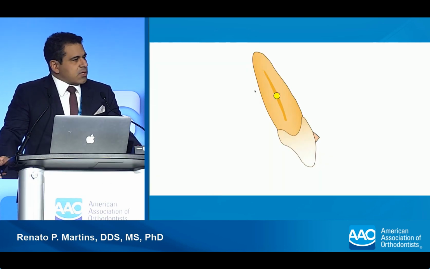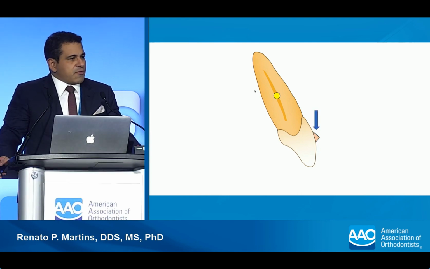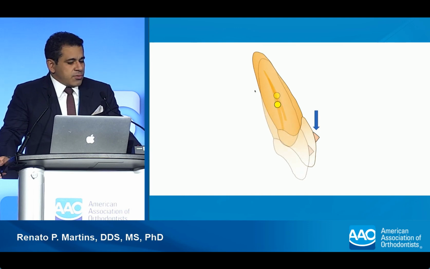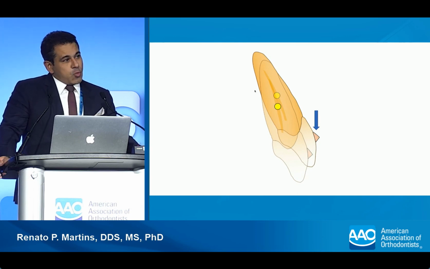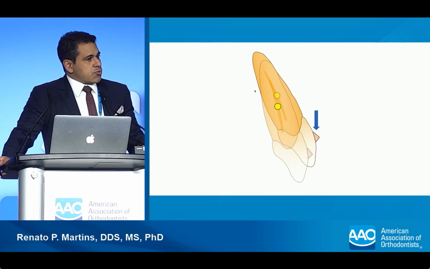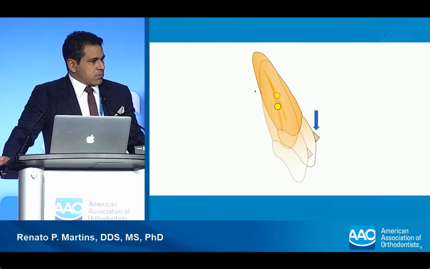So for example, if you're going to try to extrude a central incisor, the force being away from the center of resistance is going to extrude that tooth and it's going to rotate it around the center of resistance. So in this case, it's going to tip that tooth lingually. If you want a lingual tip and if you want extrusion, we are talking about a synergic movement. Both are in the same direction that you want.